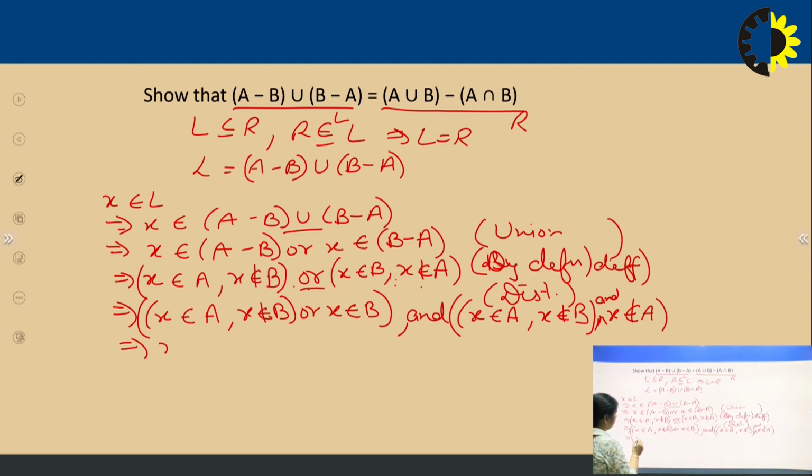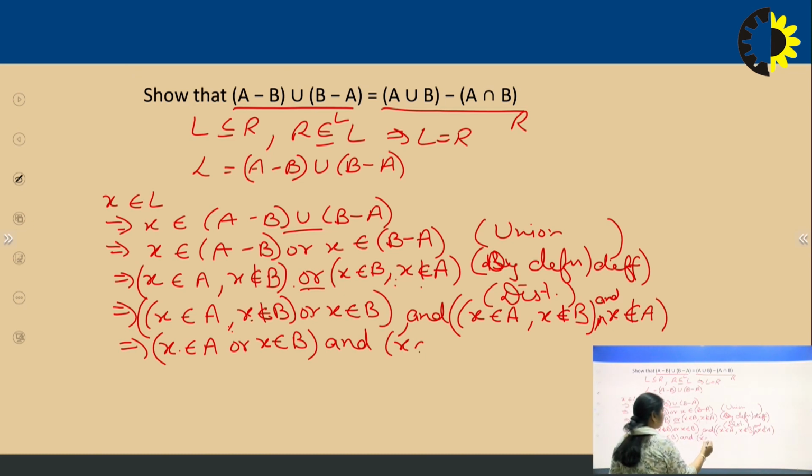X belongs to A, I am distributing this or over this, and X belongs to A or X belongs to B. Then and X doesn't belong to B or X belongs to B. Again and.